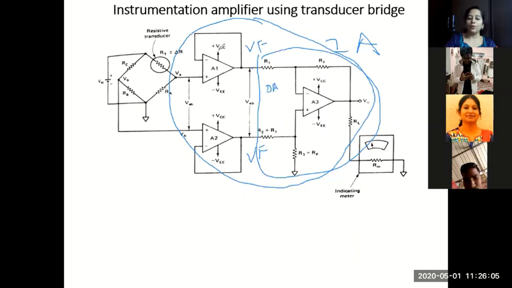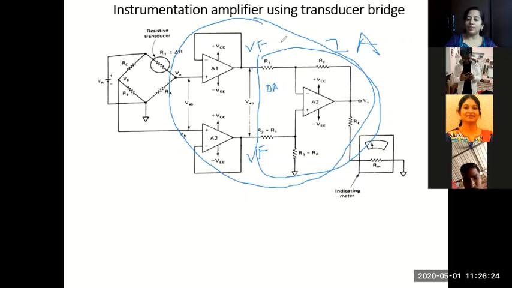Instead of voltage followers, we can use two non-inverting amplifiers. Why can we do that? When I want high gain, here all the gain should be provided only by this differential stage, the second stage of the instrumentation amplifier, which is a differential stage, only this circuit.